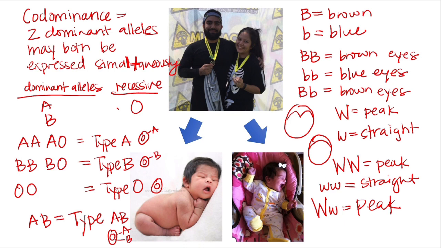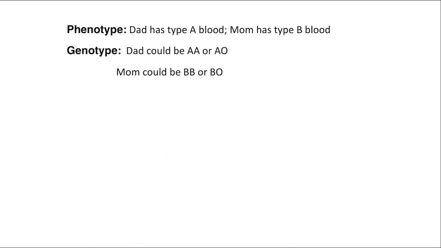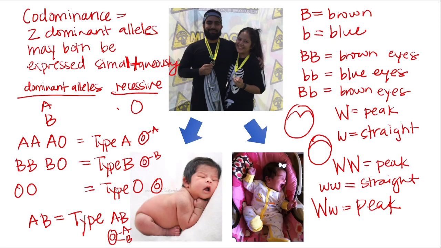So the next slide. So hopefully, if you need us to write more of this down, just press pause. But the next slide. So the phenotypes for dad is type A, mom is type B. Their genotypes. So as we looked at before and saw what combinations could determine type A blood, type B blood, type O blood, and type AB blood.